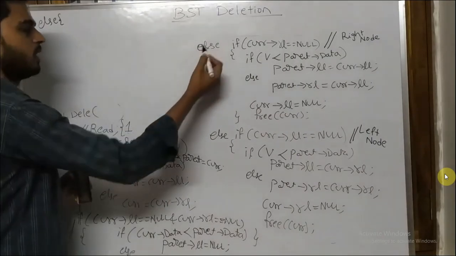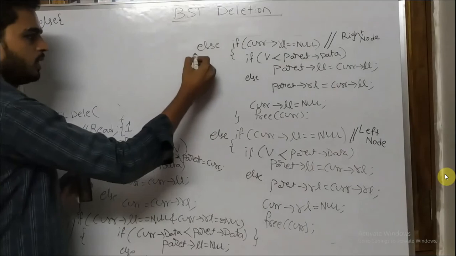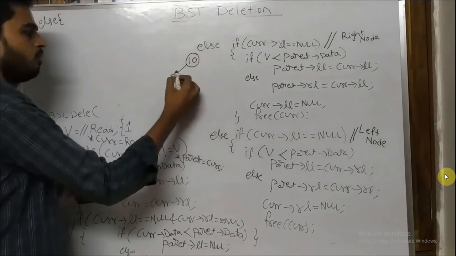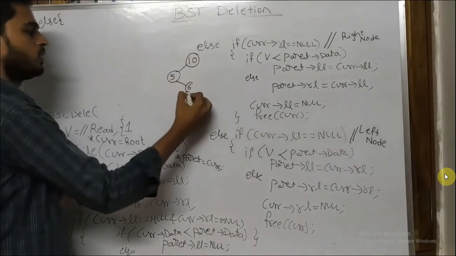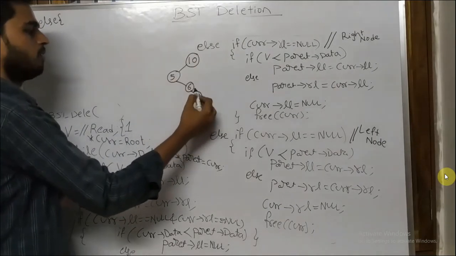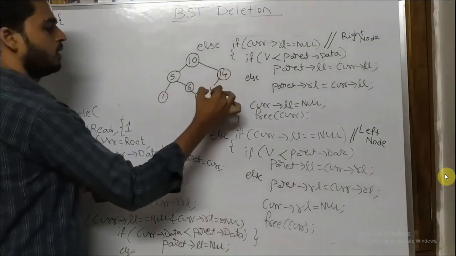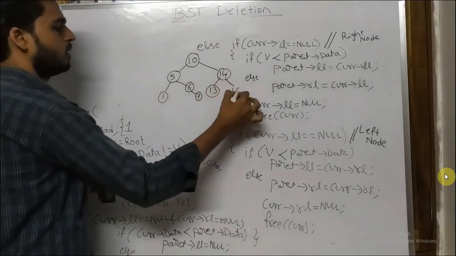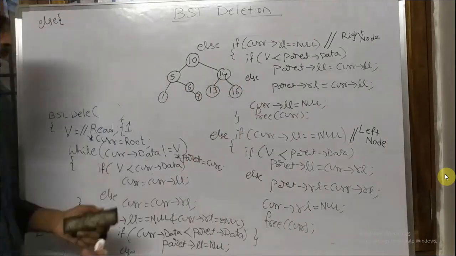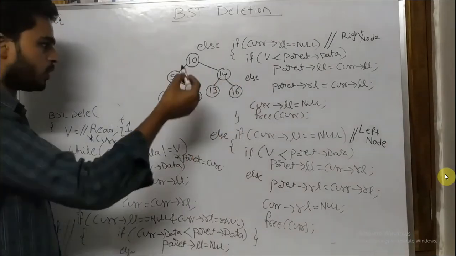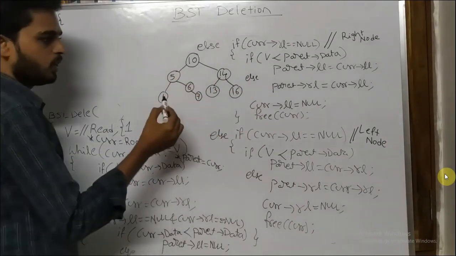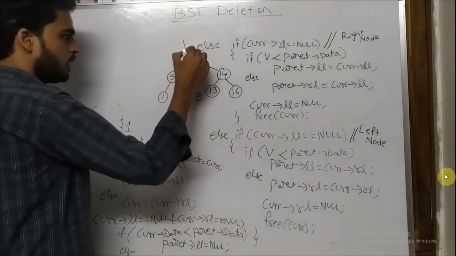Check once. I will say some small logic. 10, 5, 6, 7, 1, 14, 13, 16. Okay. For example, I want to delete a node which is the root node.